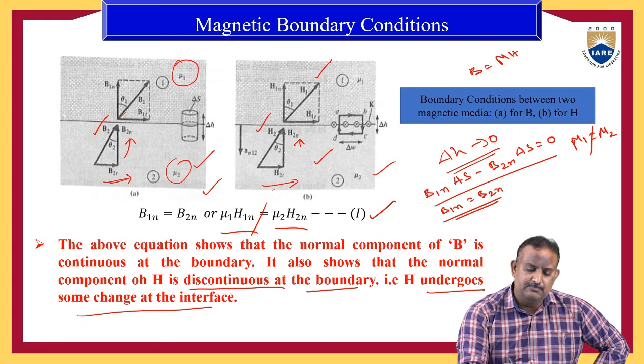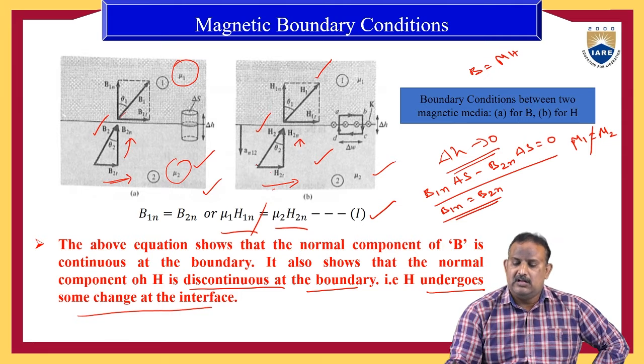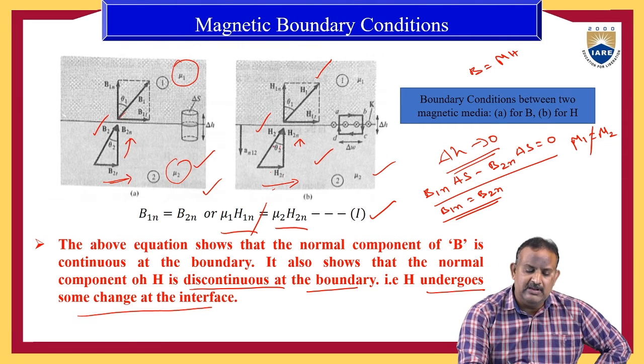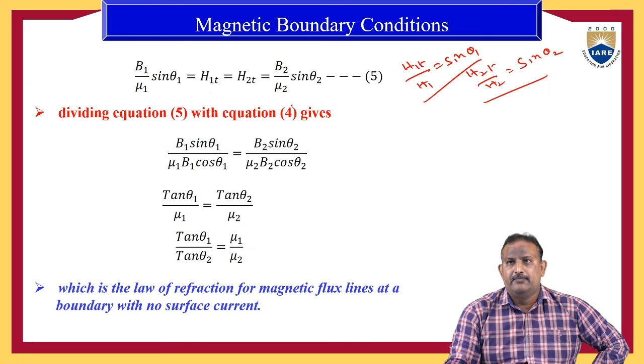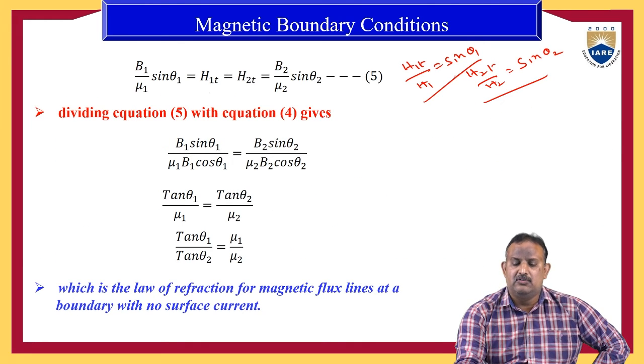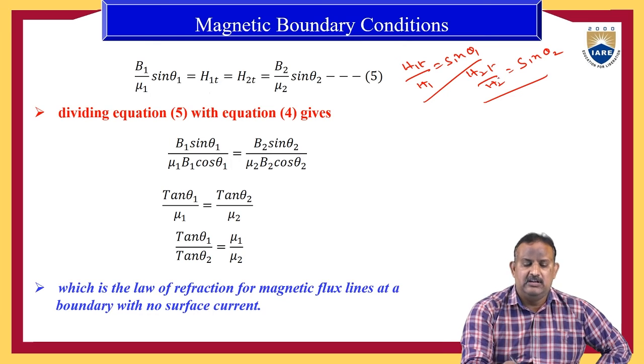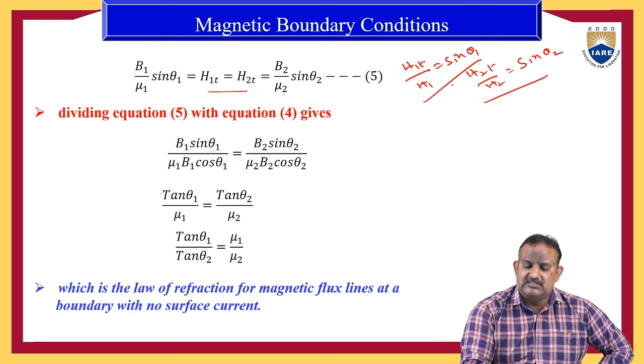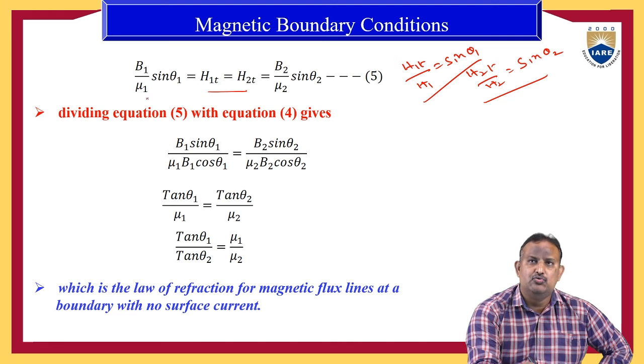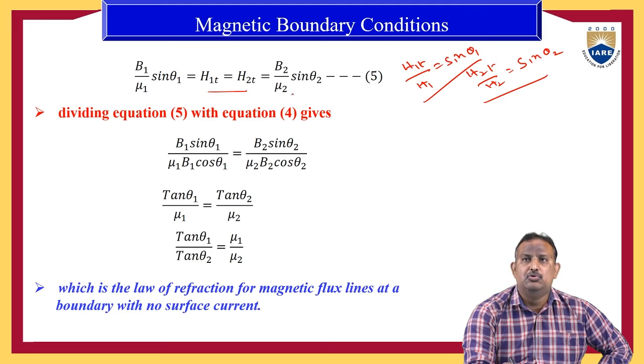So H2t by H2 will be sin theta 2, and similarly H1t by H1 will be sin theta 1. Here we can write H1t is equal to H1 sin theta 1, and H2t is equal to H2 sin theta 2. In place of H1 I write B1 by mu1 sin theta 1, which is equal to B2 by mu2 sin theta 2 in place of H2.